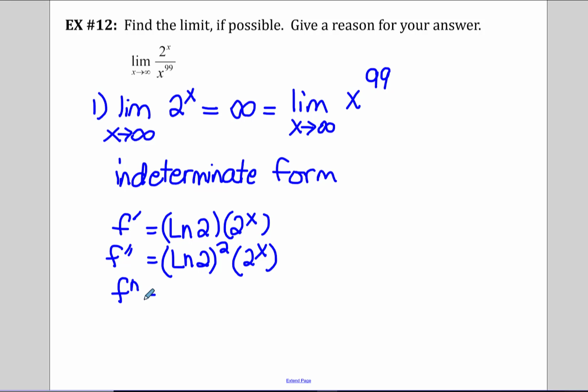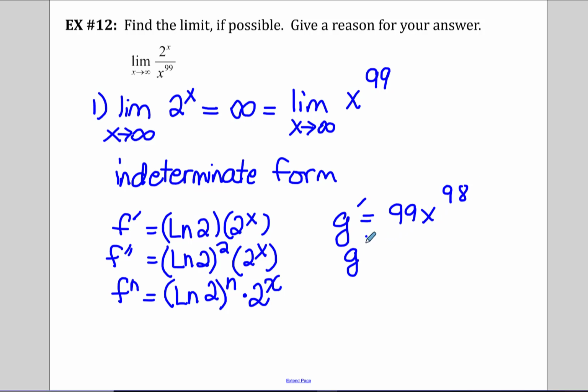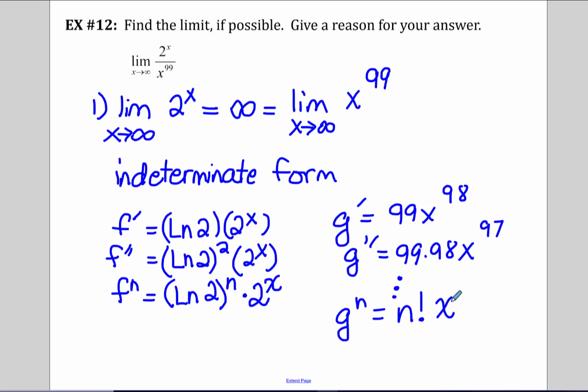And if you kept on going, eventually it would be natural log of 2 to the nth power times 2 to the x. Doing the same thing for the bottom, if g of x is x to the 99th power, then g prime would be 99x to the 98th, and g double prime would be 99 times 98 x to the 97th. And if you follow that logic all the way down to the end, we're going to get n factorial over x to the 0.